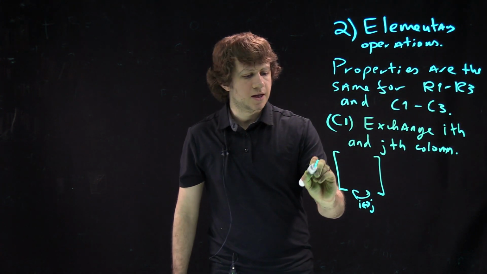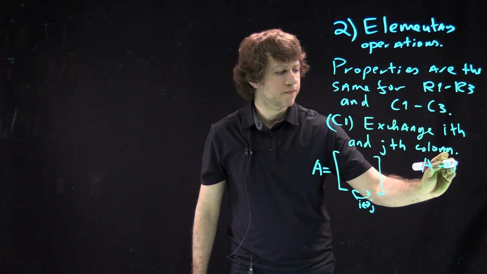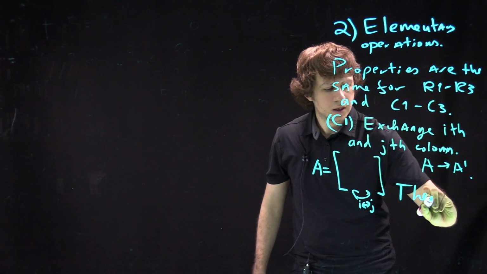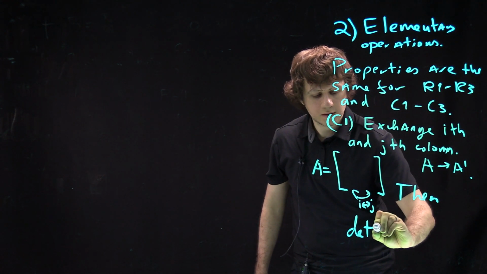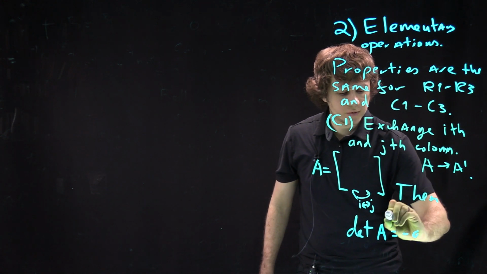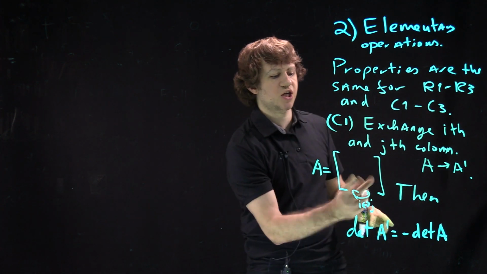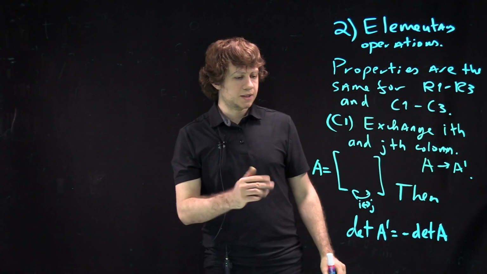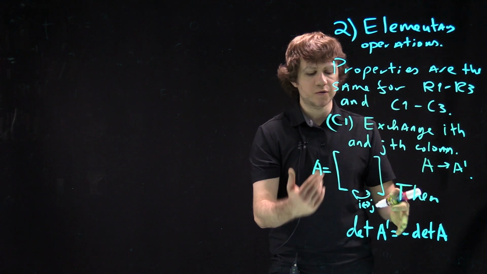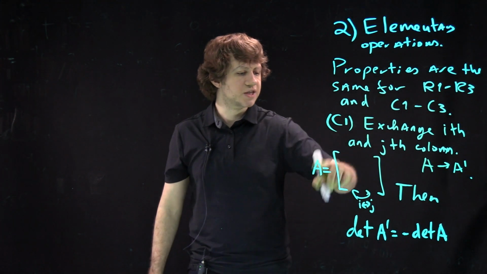The transformation sends A to A prime, and the fact is that determinant of A equals minus determinant of A prime. So the determinant changes sign when you exchange a pair of columns. Of course, there is a more general fact: you can do any permutation with columns, and then the determinant will change accordingly, but I will say it in a second. So let's first prove that.